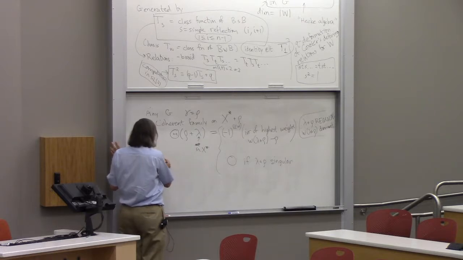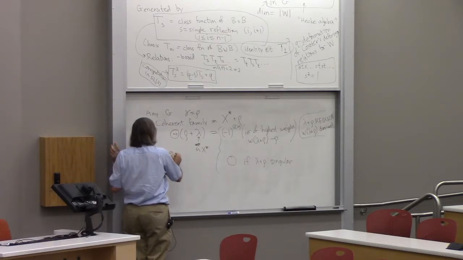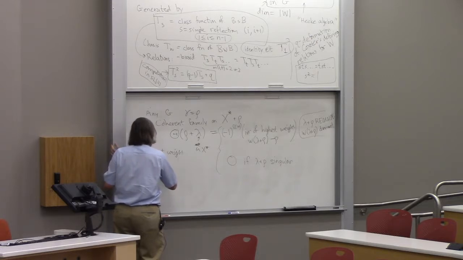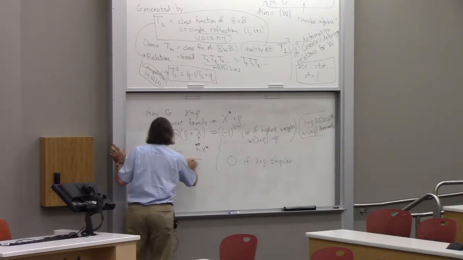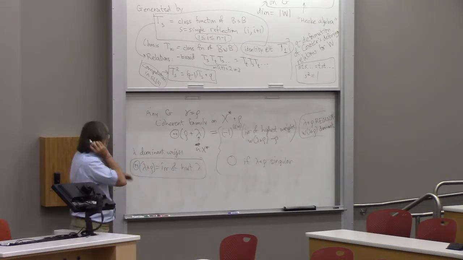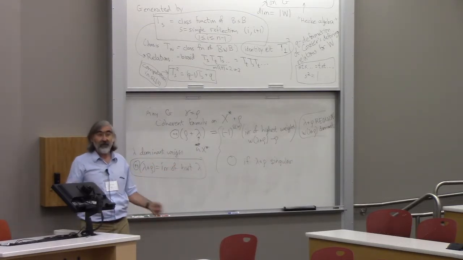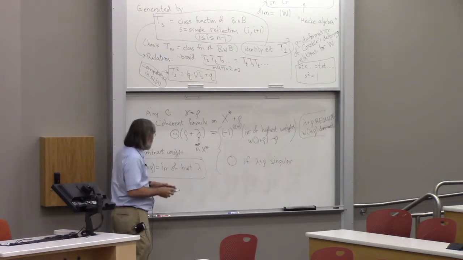In particular, if lambda is a dominant weight, this theta of lambda plus rho is the irreducible of highest weight lambda. So that's what you were asking, Jonathan. This is a coherent family that has all of these finite dimensional algebraic representations in it.